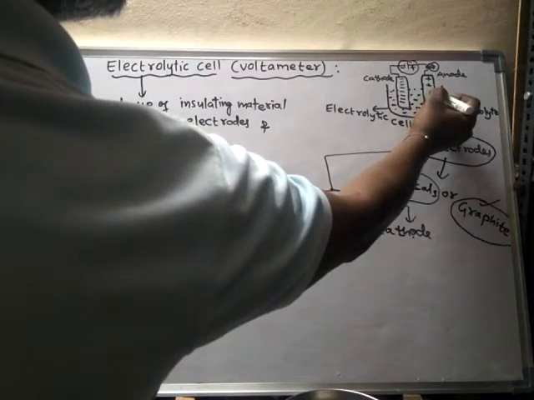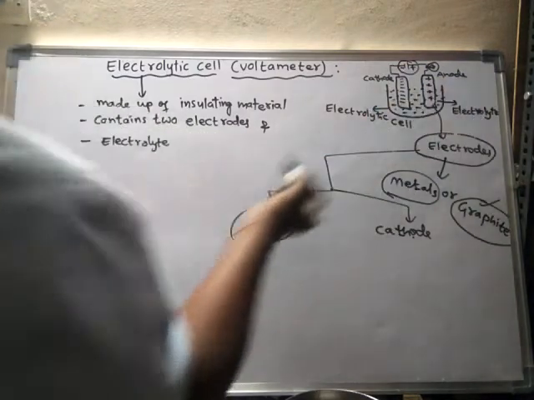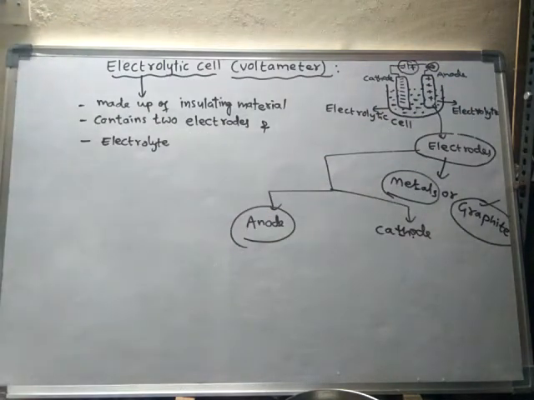Hence it is positive in charge. The positive electrode is called anode, and the negative electrode is called cathode.